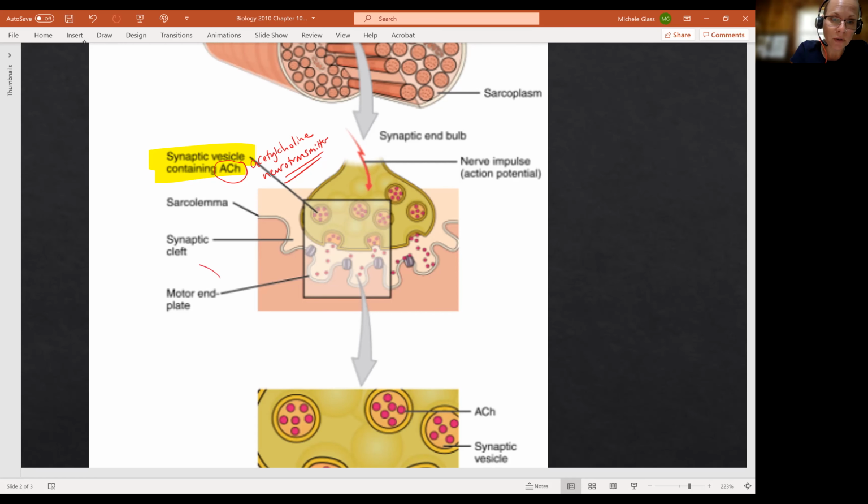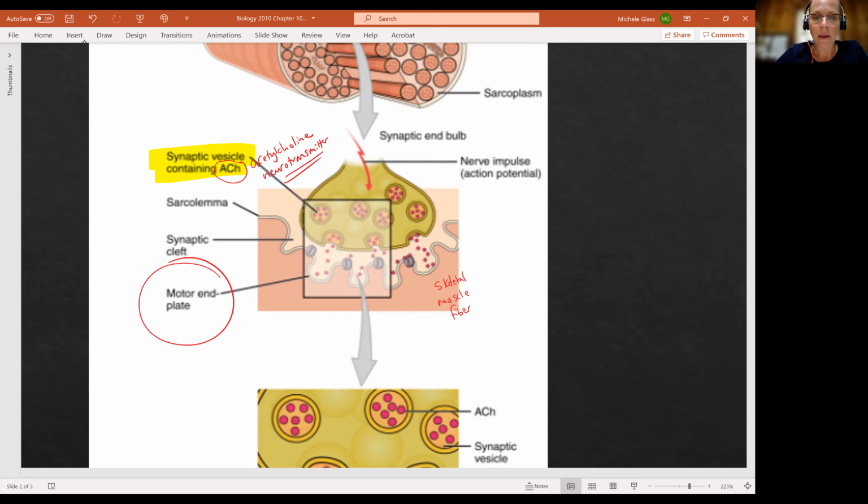Notice you're seeing your motor end plate on your skeletal muscle fiber. So this second cell here is the skeletal muscle fiber. Remember, muscle fiber is our new way of saying cell. Up at the top, we're seeing the enlarged end of the neuron, which is called the synaptic knob.